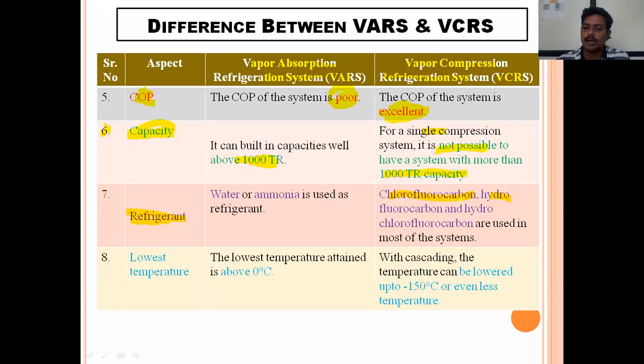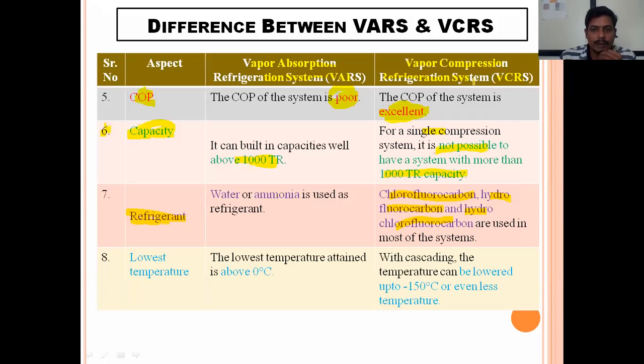CFC means chlorofluorocarbon, HFC means hydrofluorocarbon, and HCFC means hydrochlorofluorocarbon. So in case of vapor compression refrigeration system, we use halocarbon, hydrocarbon, azeotropic, as well as inorganic refrigerants, but most commonly halocarbons: CFC, HFC, and HCFC.